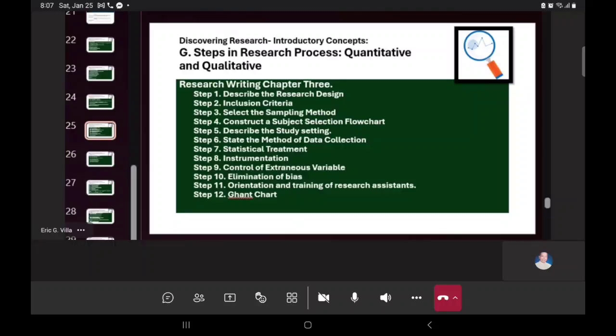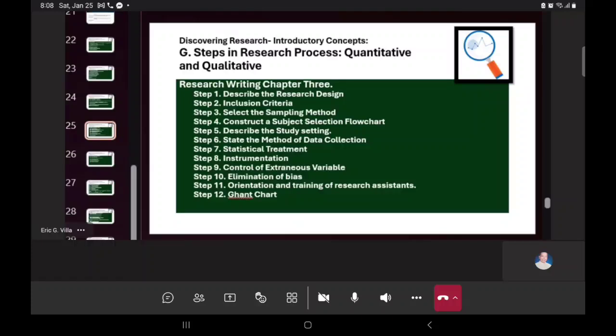Steps 7 to 10 pertain to data analysis and quality control. Statistical treatment outlines the mathematical and analytical approaches for data interpretation. Instrumentation details the tools and measures used for data collection. The control of extraneous variables and elimination of bias work together to ensure research validity and reliability.